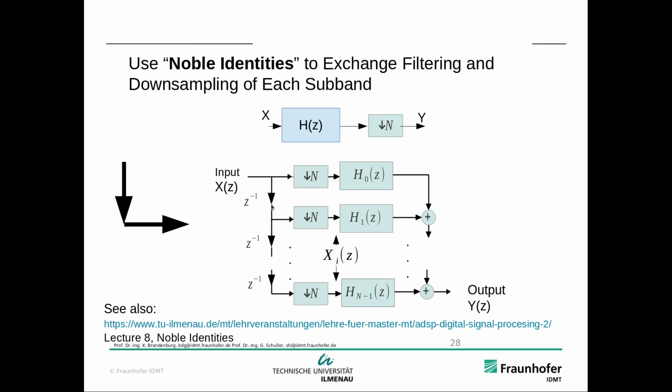Then we have a delay by one sample. That means this downsampler would start with sample number 1, and this would start with sample number N-1, capital N-1, right? So at each output, you have a correspondingly downsampled sequence, downsampled by capital N, but each shifted by different amounts. So here shift 0, shift 1, up to shift capital N-1.